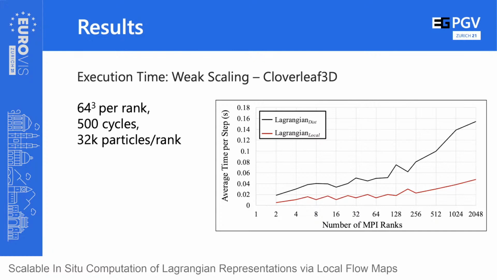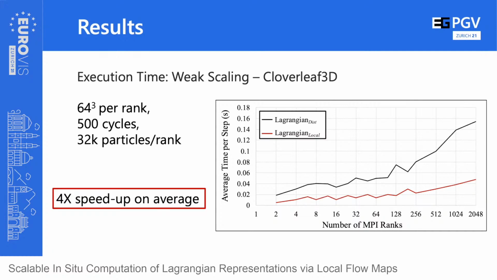So we have approximately 32,000 particles per rank. We reset the particles after every 25 cycles. Lagrangian local terminated between 2 to 5% of particles on average. We observed a 4x speedup on average across all the tests, and we expect this speedup to increase at larger scale or if we use a faster particle advection kernel.